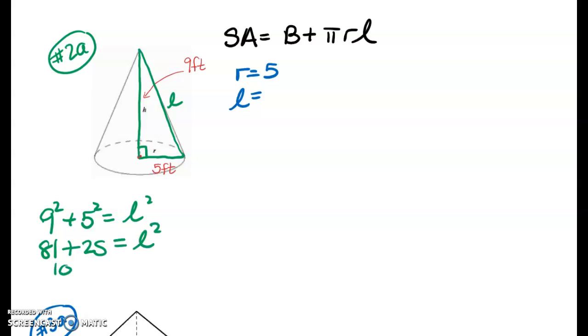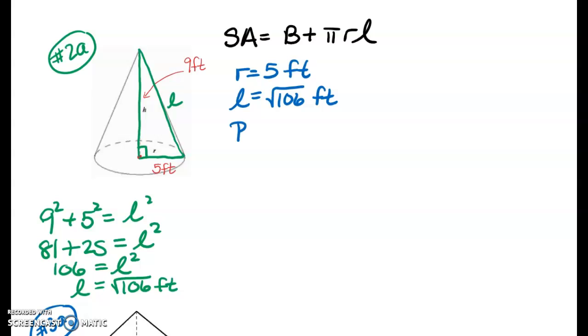So that's 106 equals my slant height squared. So that is not going to reduce when I take the square root. So it's just the square root of 106, so that's going to be feet. So this is going to be the square root of 106 feet.